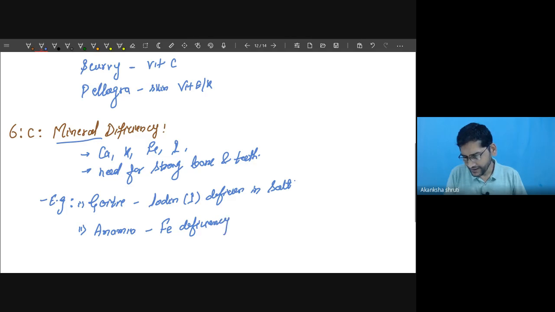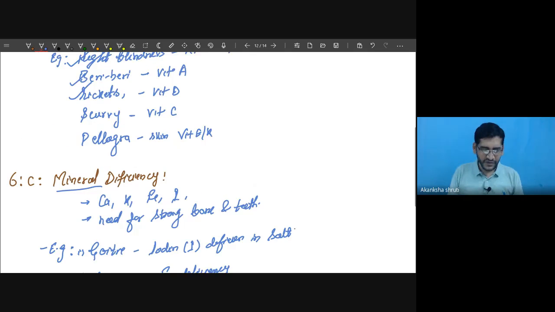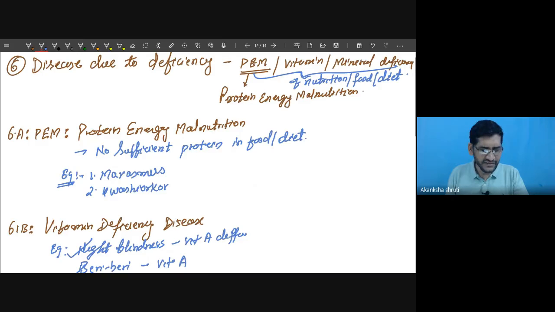That's why they are given iron tablets during the pregnancy period. Okay? So just keep these 2 or 3 in your mind. These are enough. Even osteoporosis or weaker bone, why? Because of the mineral deficiency. So it is our 6th category. So this way we have written everything about the various kinds of disease that occur.